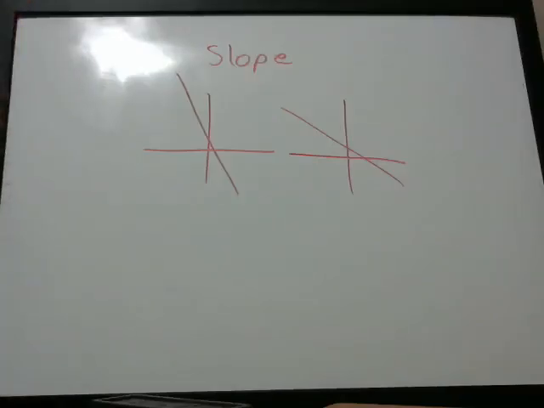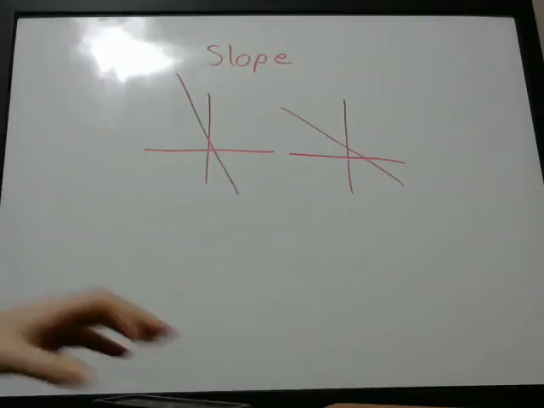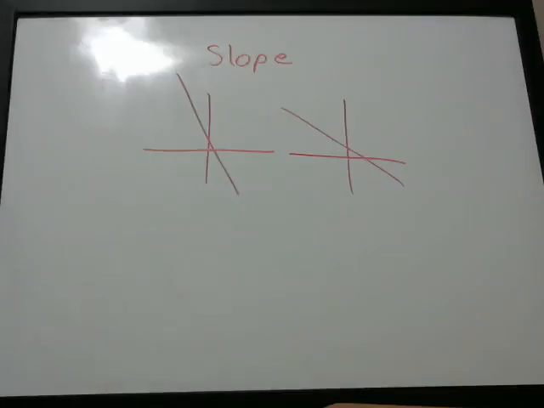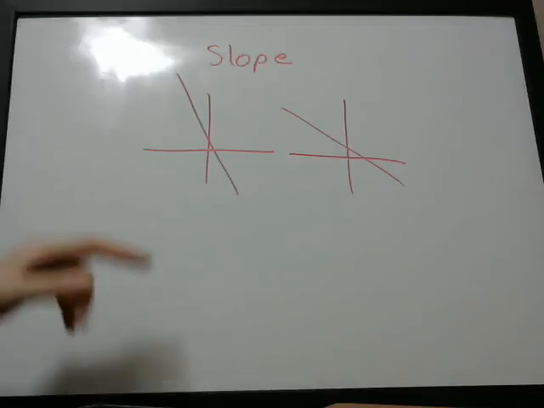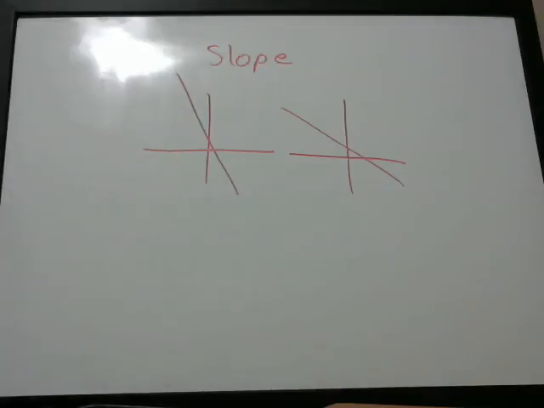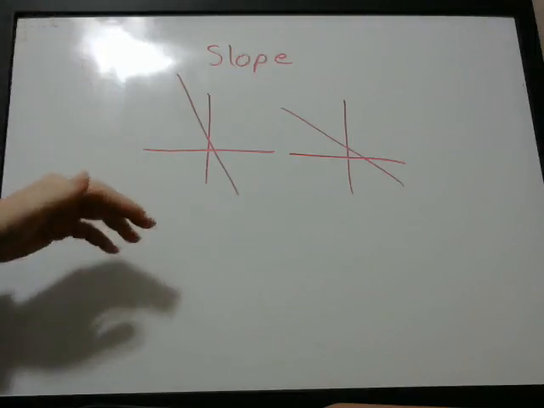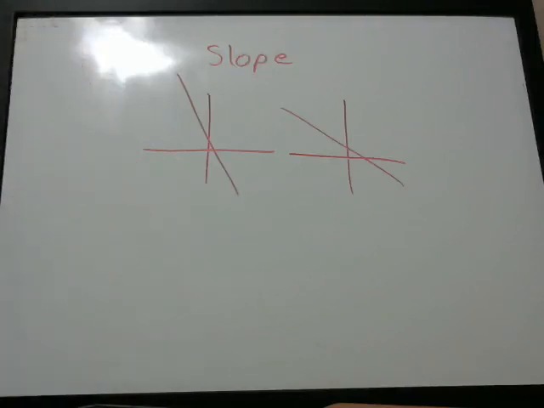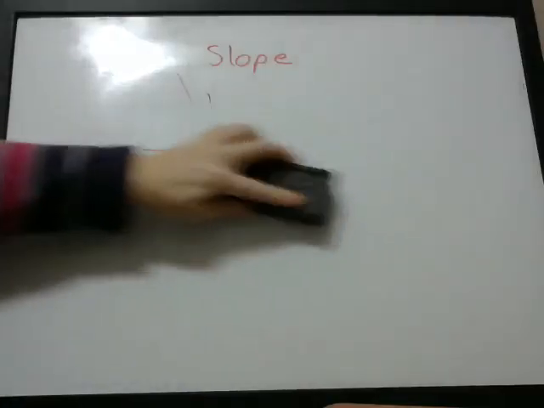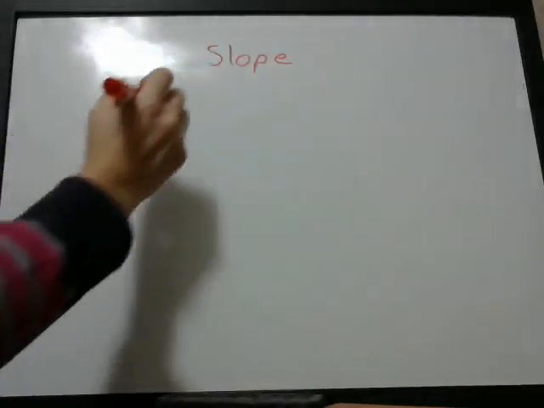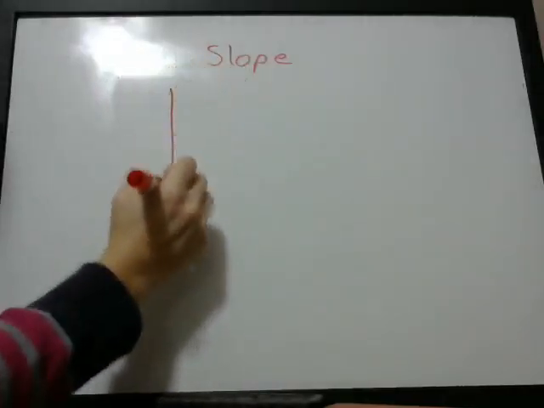Now the slope of a line is either going to be positive or negative. It's either going to be a positive number or it's going to be a negative number. And a quick way to know if it's going to be positive or negative is by thinking about it, is it going downhill or is it going uphill? So for example, again, I'm drawing these on a coordinate system.